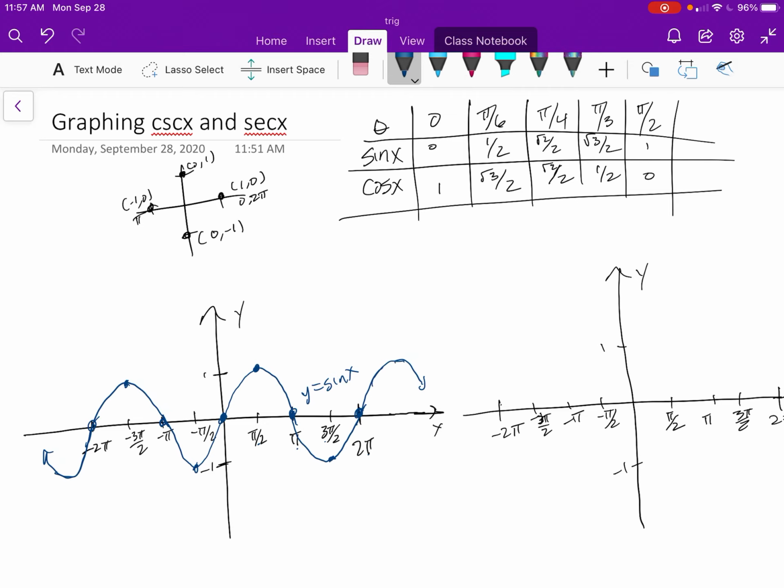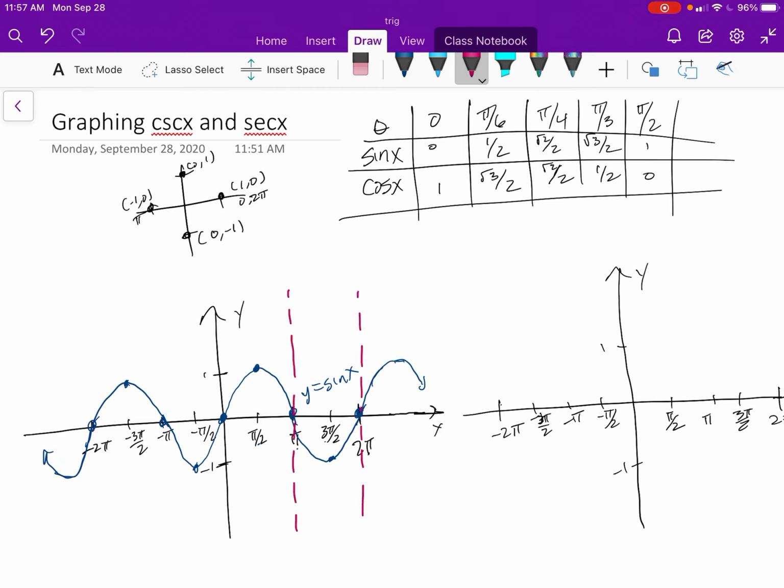So first off, I'm going to give you the graph, and then we'll talk about y really quick. To graph cosecant and secant, I will always graph sine and then picture where cosecant would lie. Because once you have this, anywhere the value for sine is 0 is going to be an asymptote.